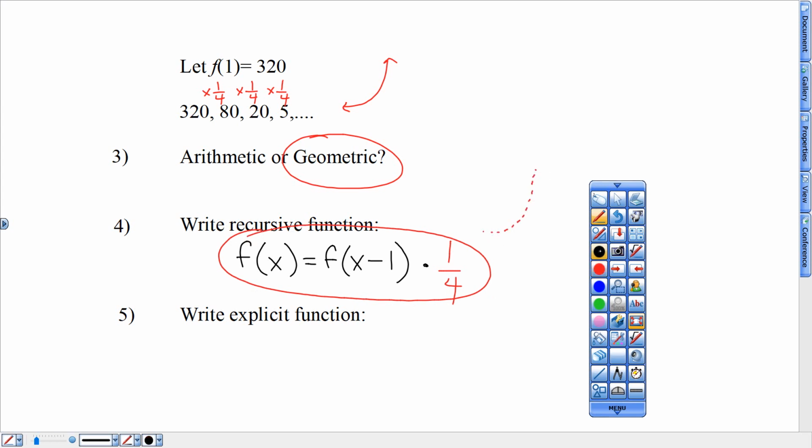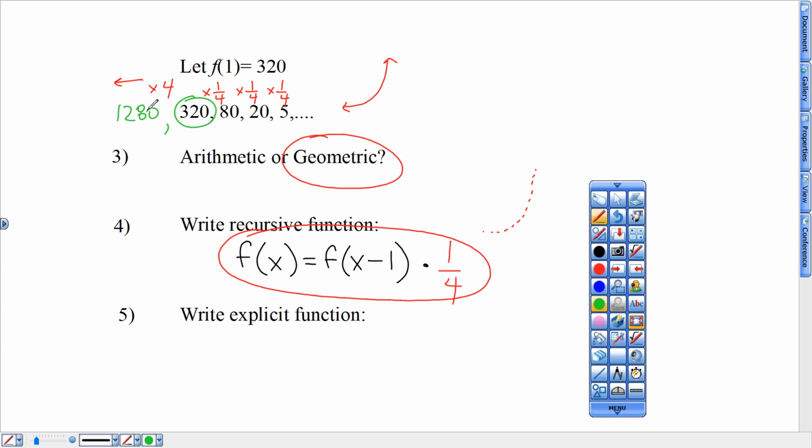If I was to find the explicit one, I'm going backwards, which is the opposite of dividing by 4 or timesing by 1/4. The opposite is timesing by 4. And what number am I multiplying by 4? This 320. That will give me the number before 320, which is 1,280, which makes sense because you can see it's getting big and then going smaller and smaller.